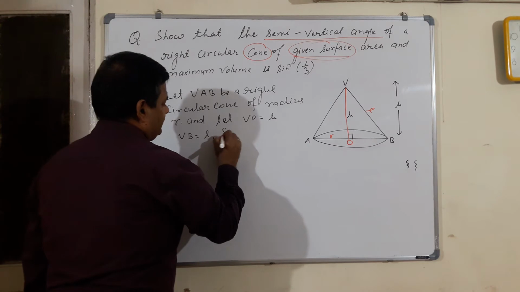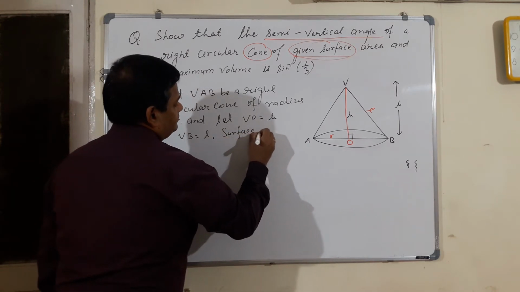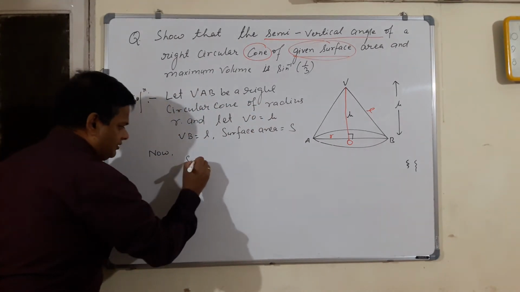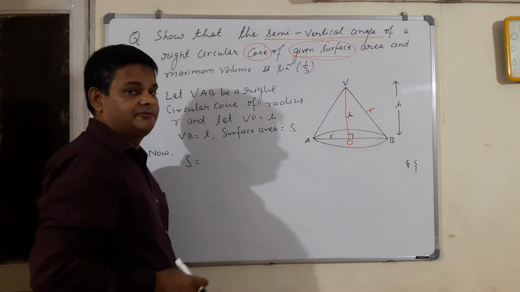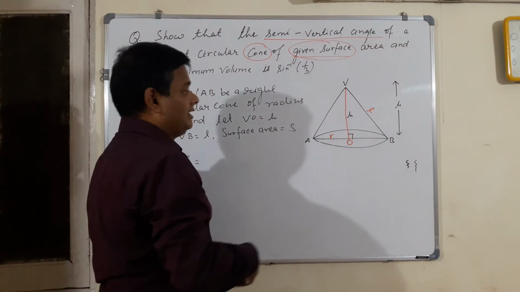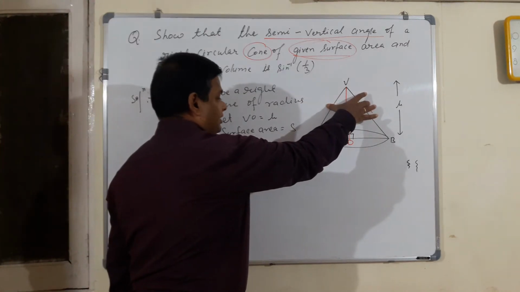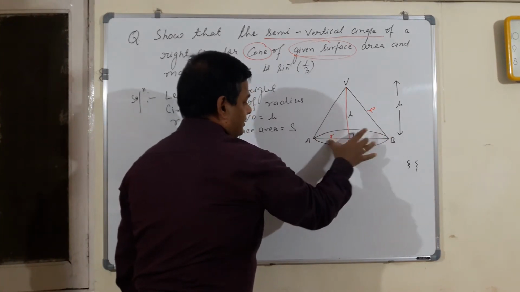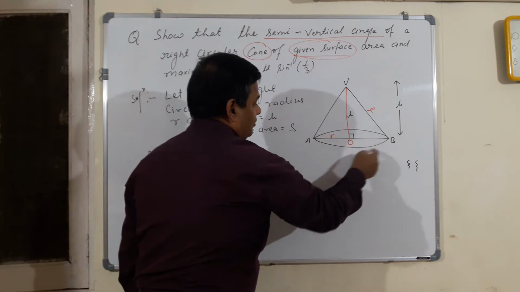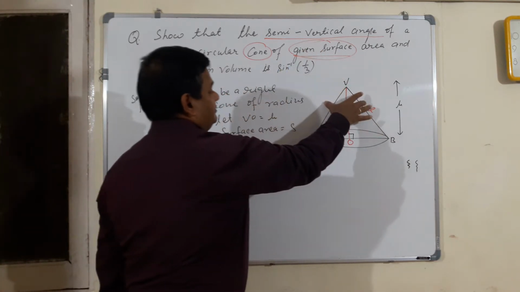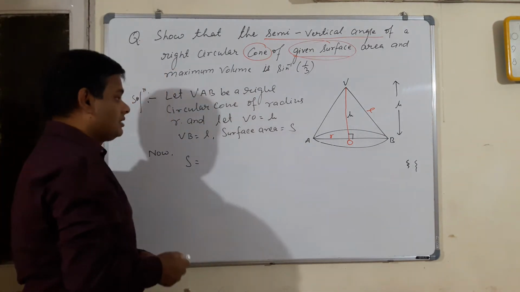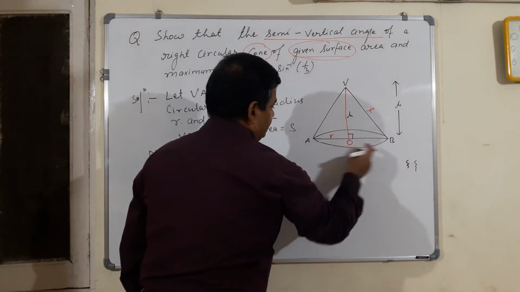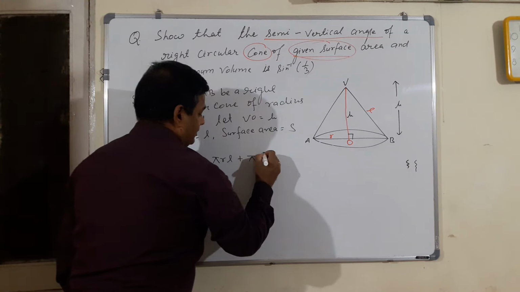Now the surface area is represented as S. Here S means total surface area, which is the lateral surface area of the cone plus the area of the circle. The curved surface area of a cone is pi R L and the area of a circle is pi R square.